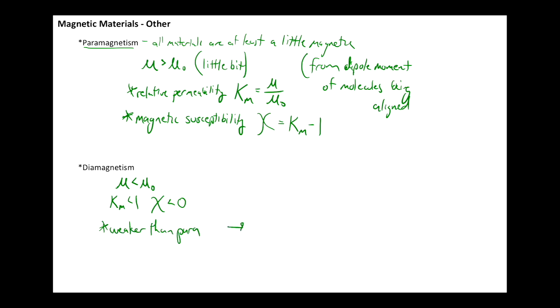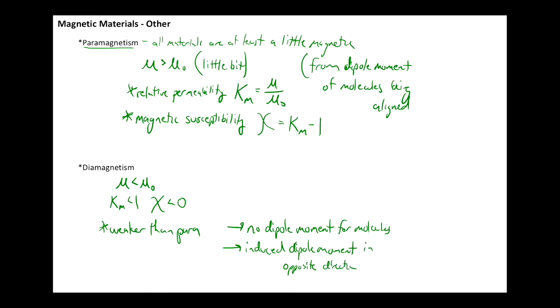And what happens is there is no dipole moment for the molecules, and instead you get an induced dipole moment. So we're sort of making something happen that's not there, but this is in the opposite direction to the external magnetic field.